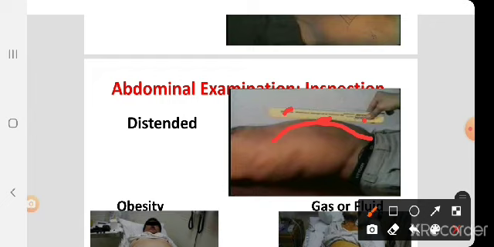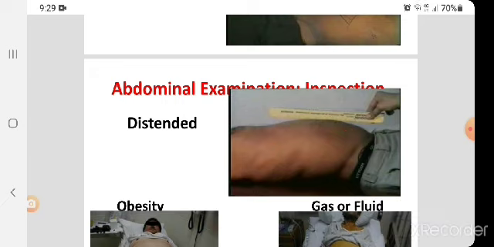This distended abdomen can be due to obesity, the patient is obese, or due to something inside the abdomen, ascites or gas-distended coils of intestine in the abdomen.